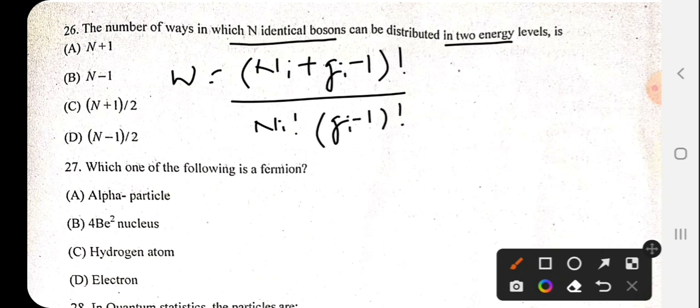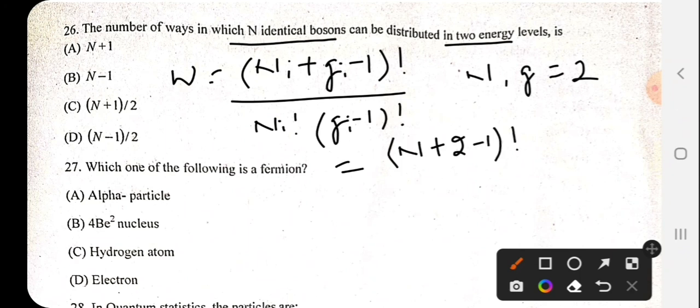According to this question, the number of bosons is n, and there are two energy levels, so g equals 2. Putting in the values, W equals (n plus 2 minus 1) factorial divided by n factorial multiplied by (2 minus 1) factorial.